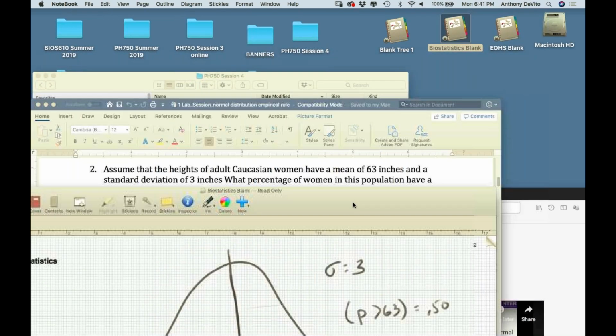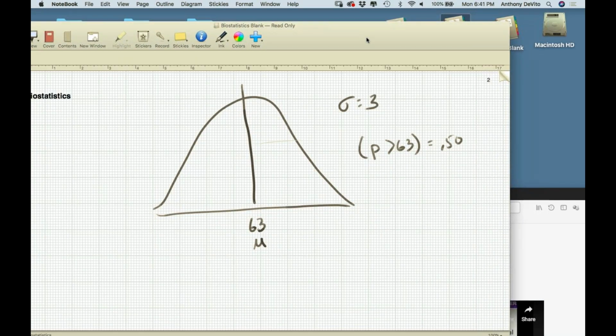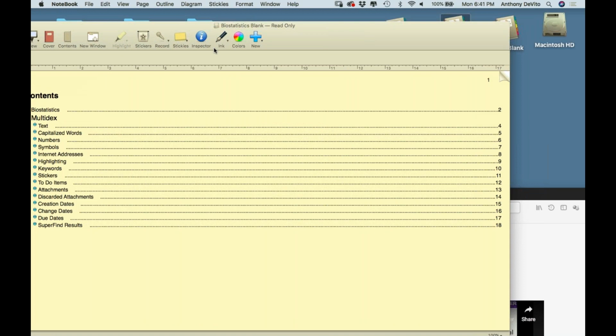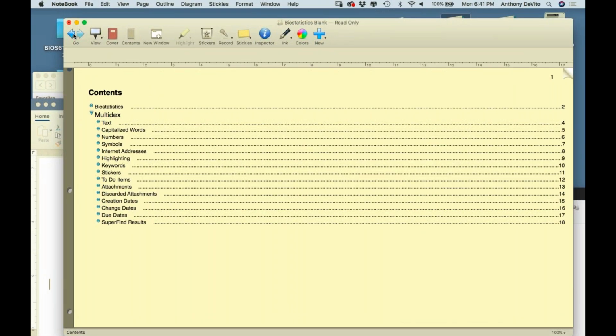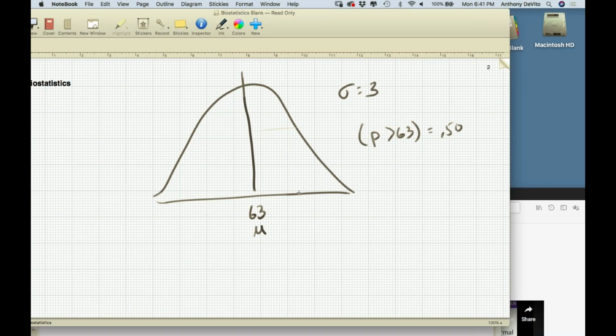Okay, so what's the next question? What's the probability of selecting someone that's greater than 66 inches? Okay, so 66 inches is going to be out here somewhere. So the area we're asked about is the probability of selecting someone that's greater than 66 inches.